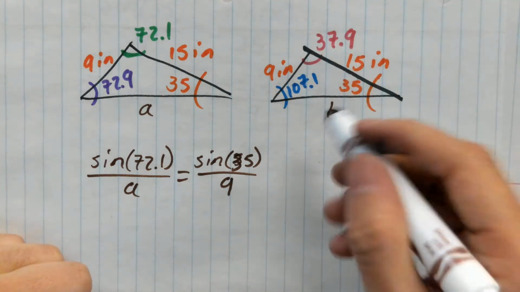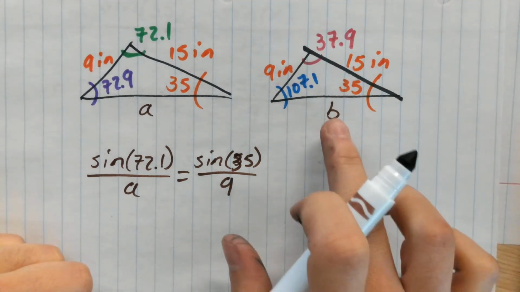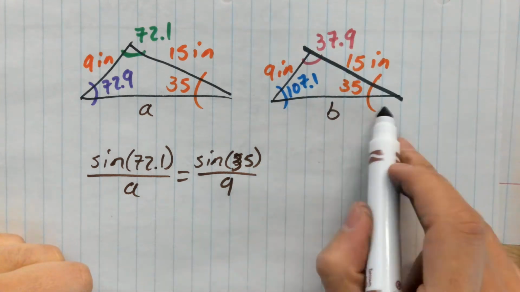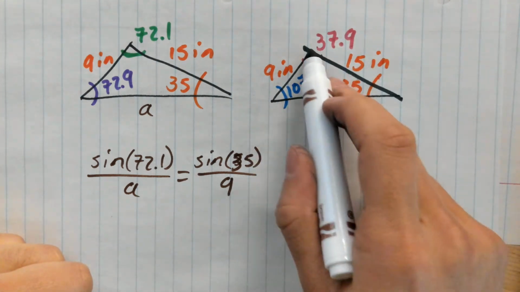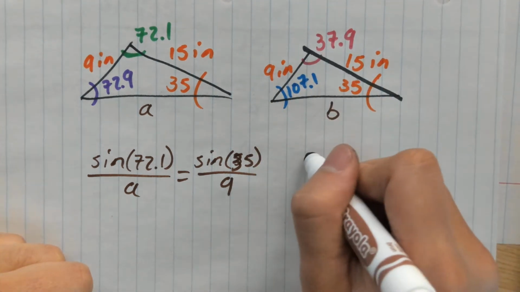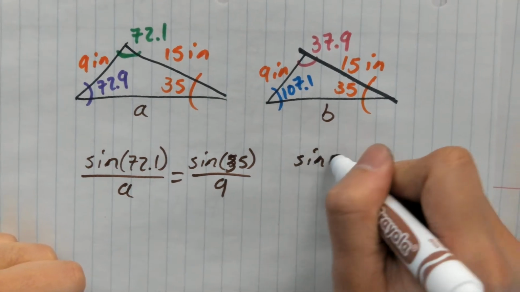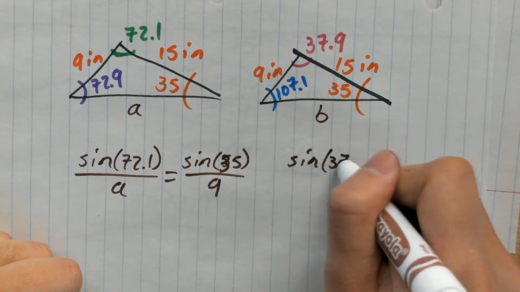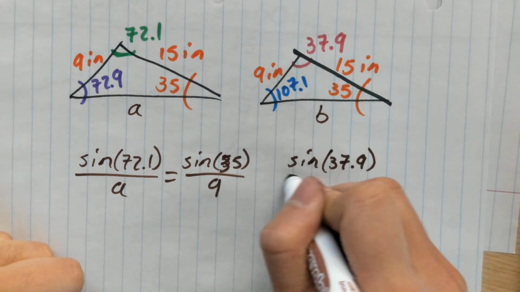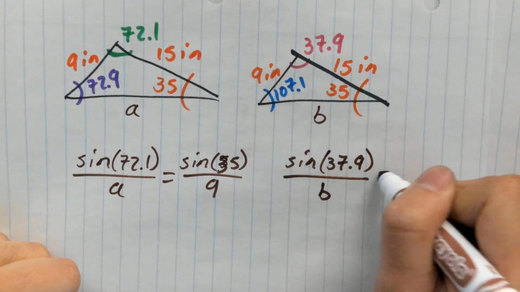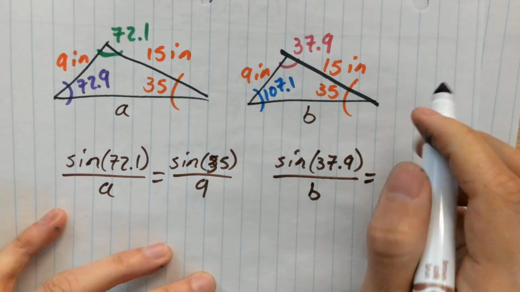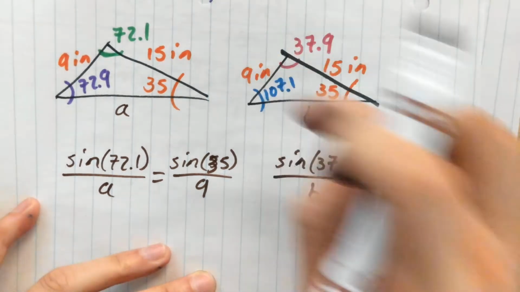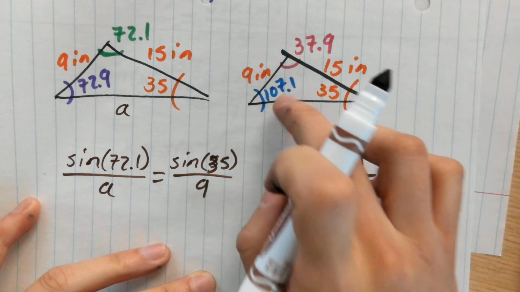The setup to find the answer for the second one is going to be identical. Sine of the angle that's opposite to B, which is 37.9. So sine of 37.9 divided by B equals, and again, I can use 35 and 9, or I can use 107.1 and 15.